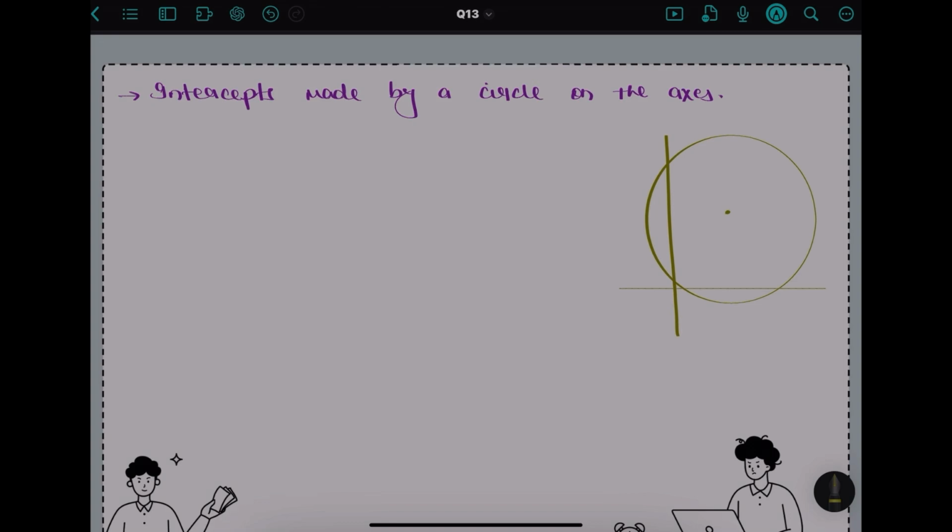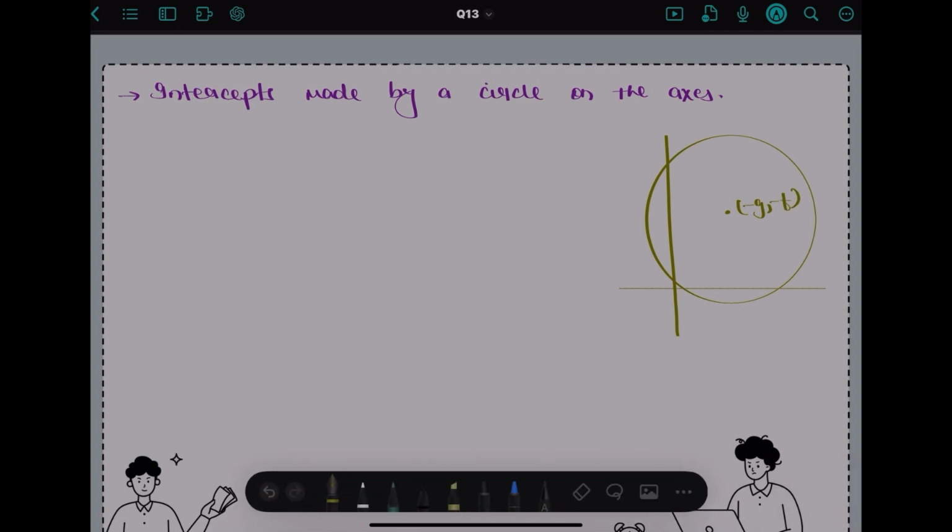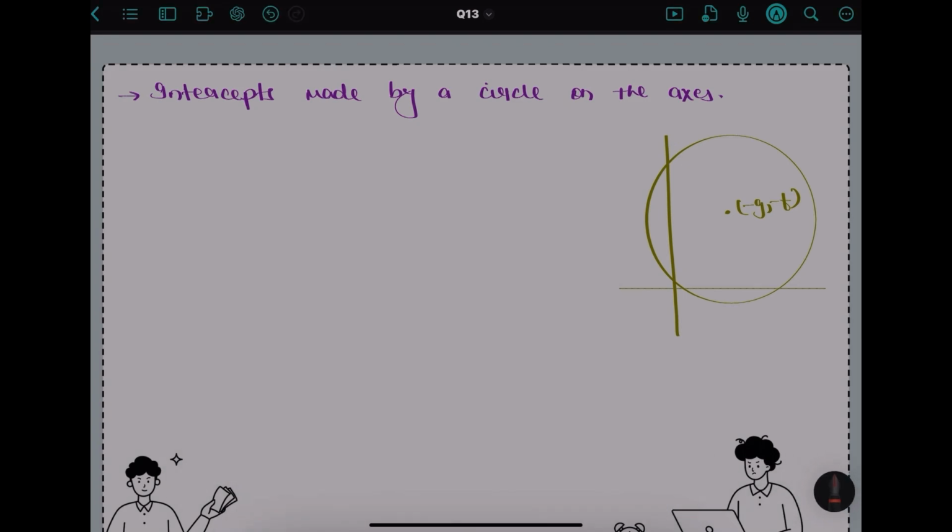So you can find the center of the circle, (minus g, minus f), and also you can calculate the radius. Now try to understand what is x intercept. The portion of the x axis cut by the circle is the x intercept and its portion on the y axis is known as the y intercept. I want to go with x intercept first.